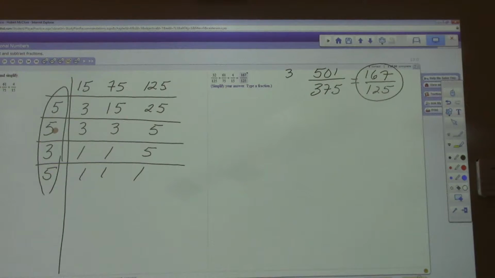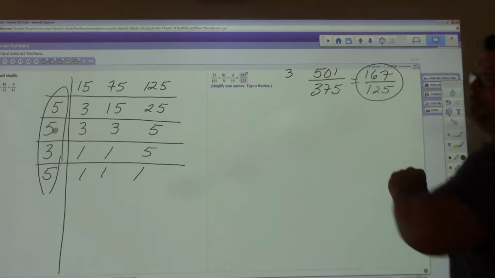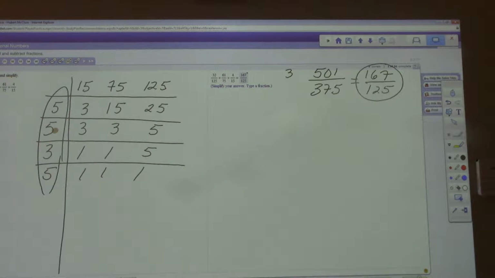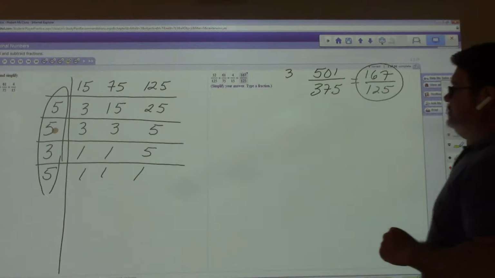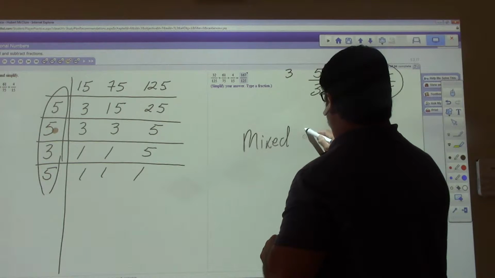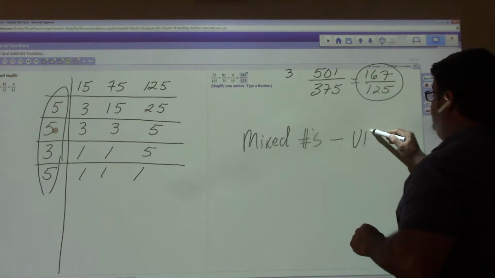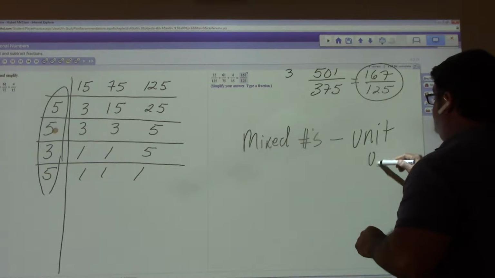Believe you me, if you could do this and you change this and do three complicated fractions, I'll be very happy if you do that by hand. Very happy. I'm not worried about that too much. Some people say, well, why don't you change that into a mixed number? Mixed numbers are only used when? Unit of what?